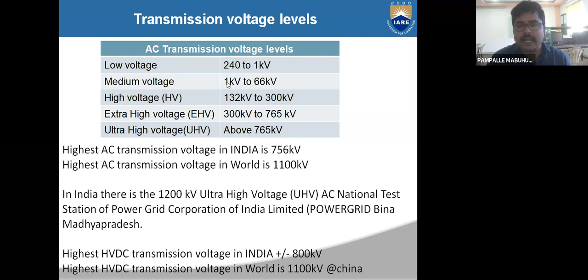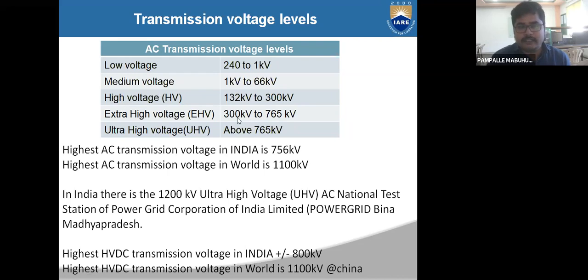If the line has a voltage level of 1 kV to 66 kV, the transmission line is called a medium voltage transmission line, right? If your voltage is between 132 kV and 300 kV, you can call the transmission line a high voltage transmission line.